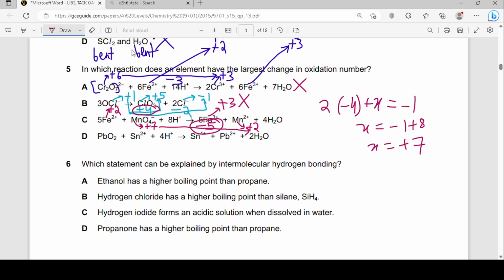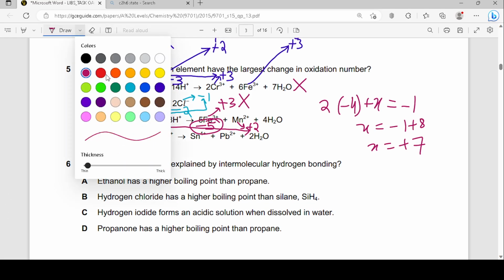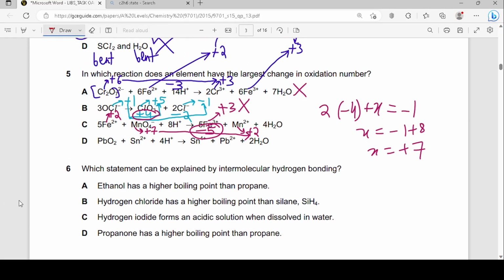Okay, so let us check option D. I will choose red color. So PbO2, again oxygen I will take as an oxidation state of -2, because oxygen usually does have a fixed oxidation state, except in some cases, for example OF2.